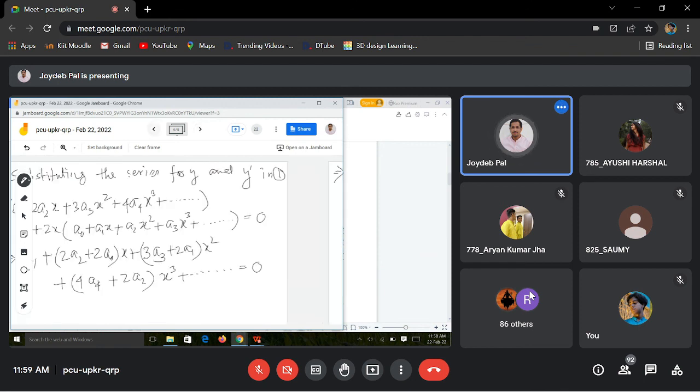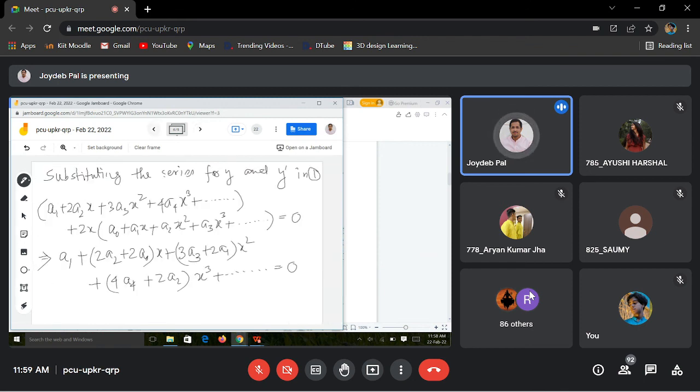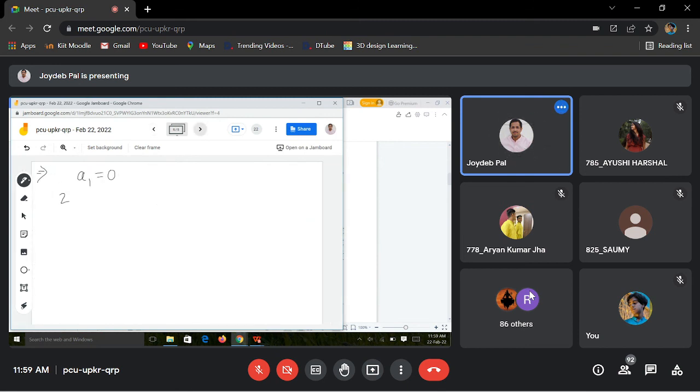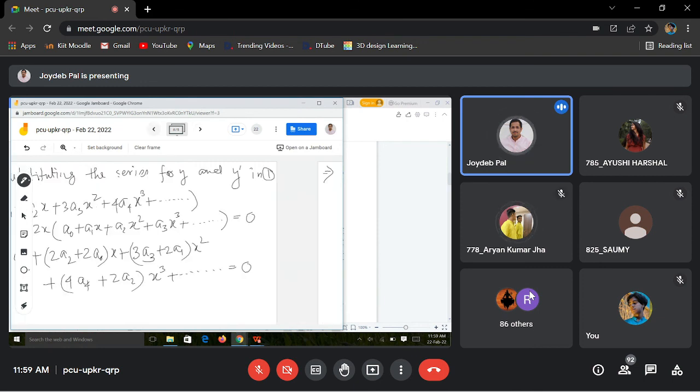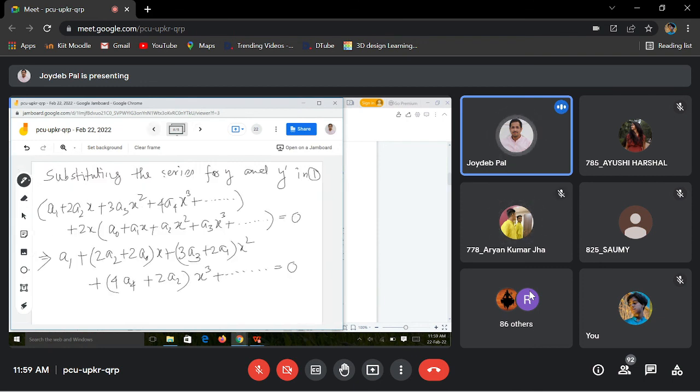Okay, now you equate coefficient of x left and right. 2a2 plus 2a0 is equal to 0. Now you compare coefficient of x square.